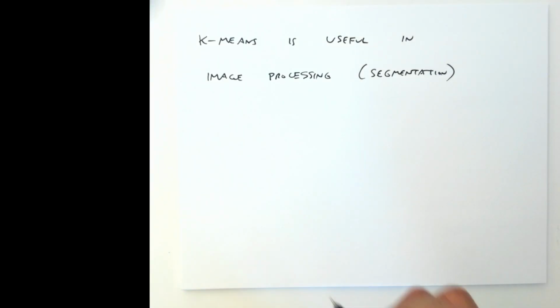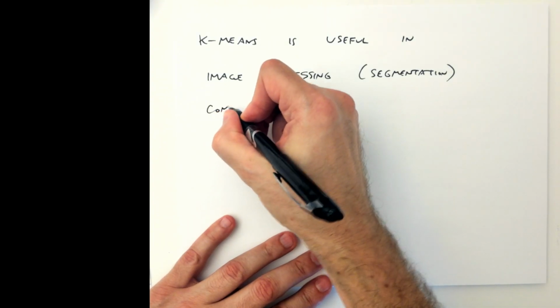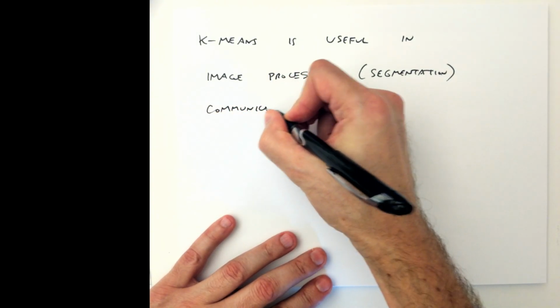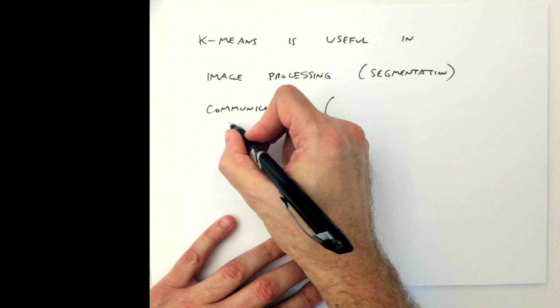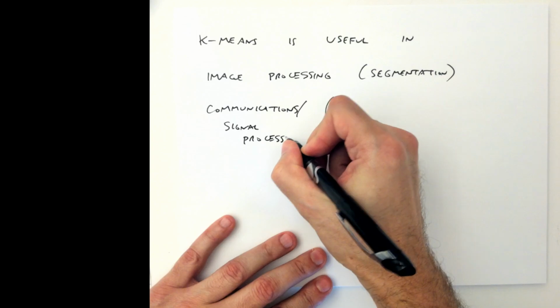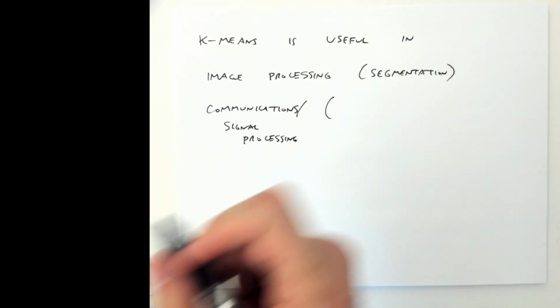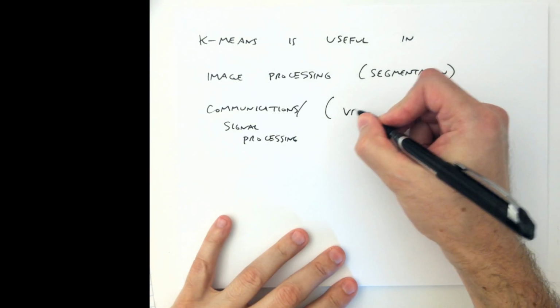And also a good application is in communications, but this idea has also been adopted in machine learning and signal processing. This idea of representing a point by its cluster, you could think of as a form of quantization, right? So this is also known as vector quantization.